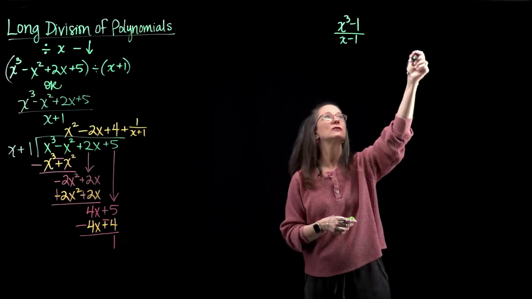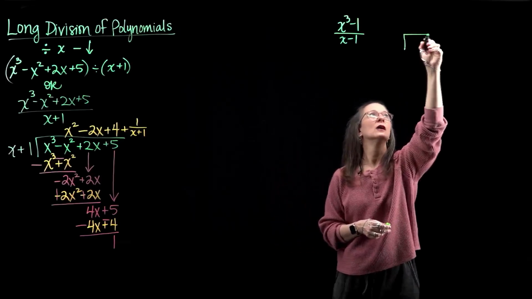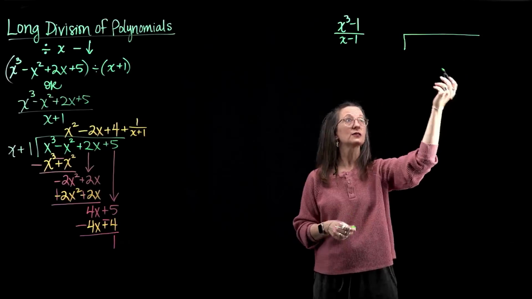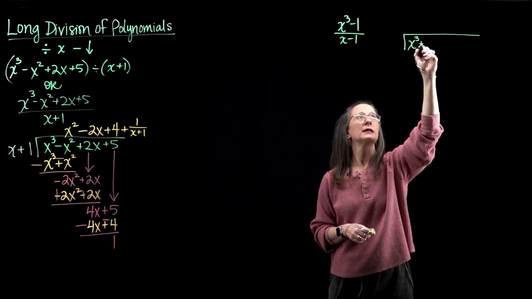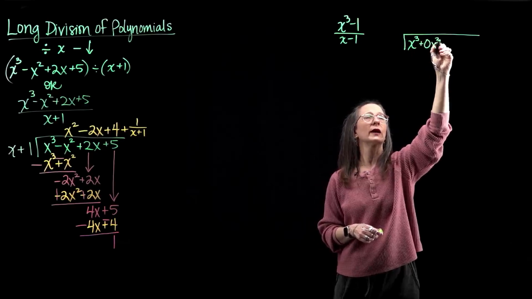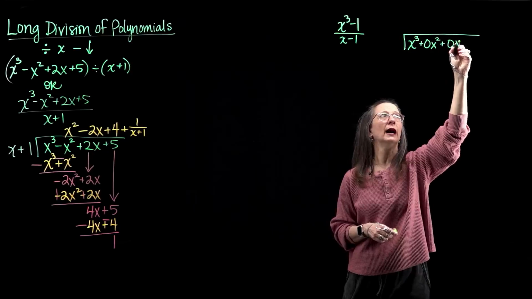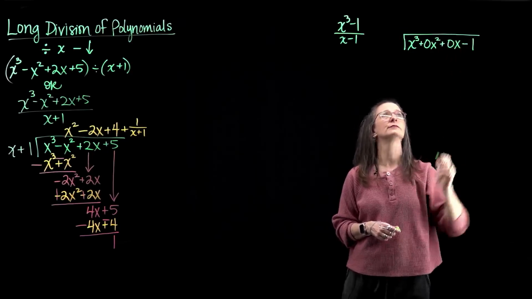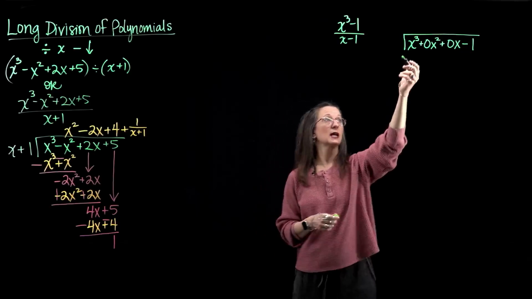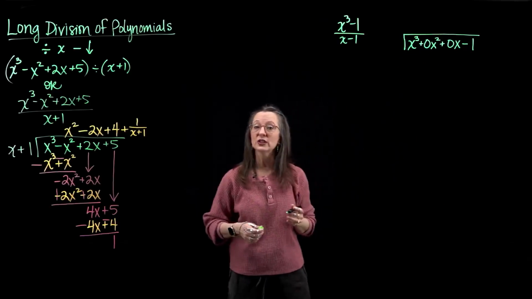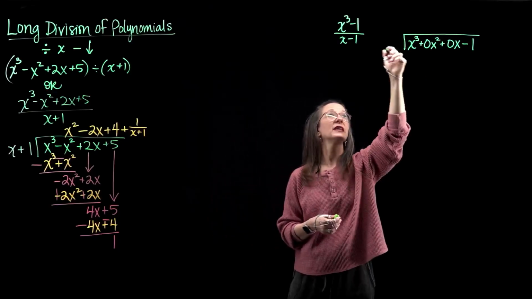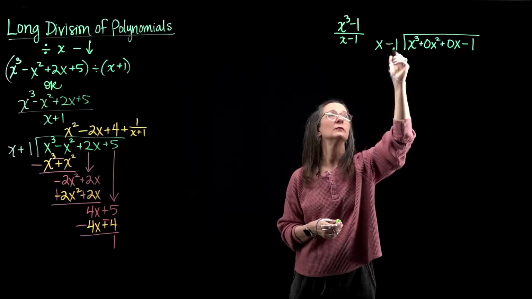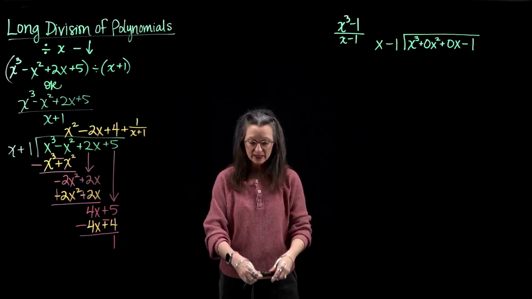So when I write this division problem out, I'll draw my division bar first, and inside that I'll have x cubed plus 0x squared plus 0x minus 1. So it's the same as x cubed minus 1. We've just left space for the x squared and the x terms. And then on the outside, we'll write x minus 1, because that's what we're dividing by.